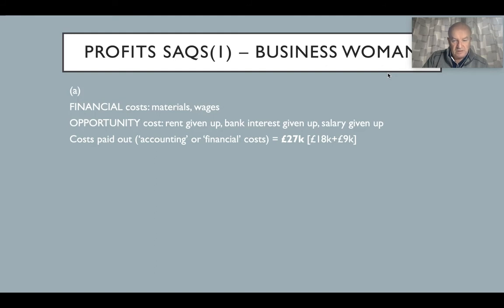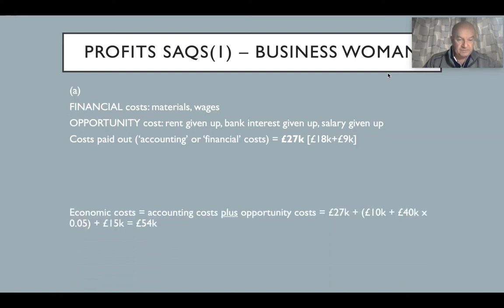The costs paid out in this situation, our accounting or financial costs, were £27,000. So it's £18,000, which was the figure she paid on materials, and £9,000 she paid in wages to a worker whom she employs. So that's the costs paid out.